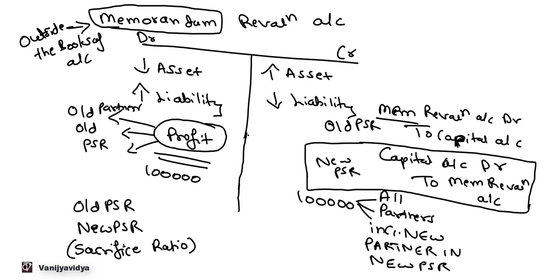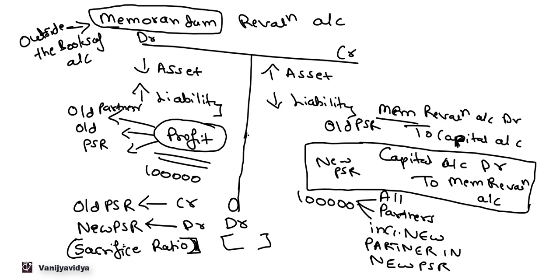We have credited it in the old profit sharing ratio and then debited the capital account in the new profit sharing ratio. So in short, we have distributed this in the sacrifice ratio, and for the new partner there was no credit entry. His capital account is directly debited by new PSR. So it is like the new partner is compensating the old partners in the sacrifice ratio. It is similar to the treatment of the goodwill that we did earlier, but here we are doing it indirectly.